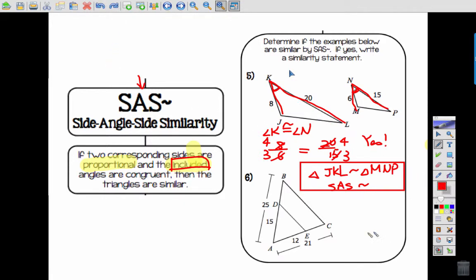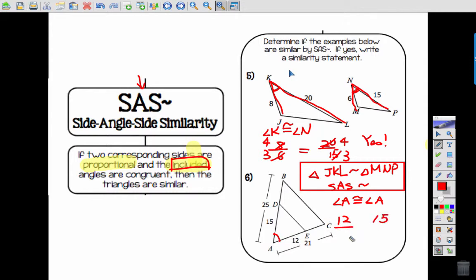Let's look at the second example. This one, I have a shared angle. So the A is right there. So angle A is congruent to angle A already, right? The rest of it is just calculating the scale factor. So in the small triangle, I list out the shortest to the longest.